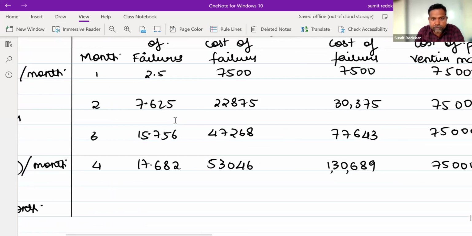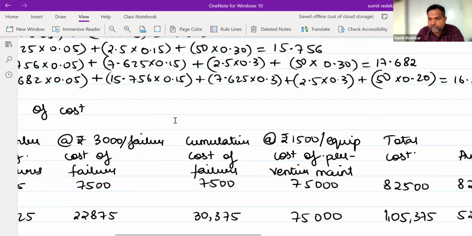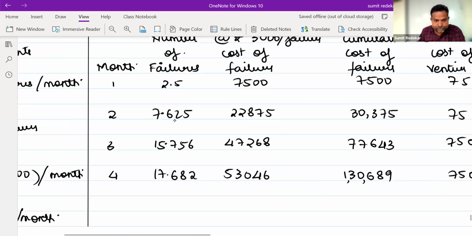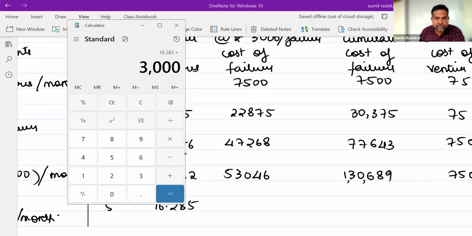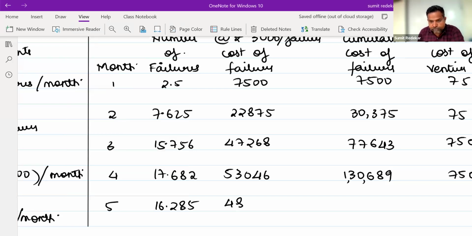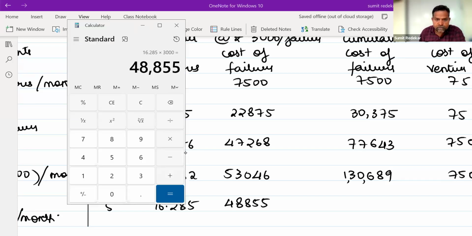I know we can stop here, but since only one is left, let's do it. 16.285 into 3,000, which is 48,855. Cumulate that with the 130,689, which is 179,544.